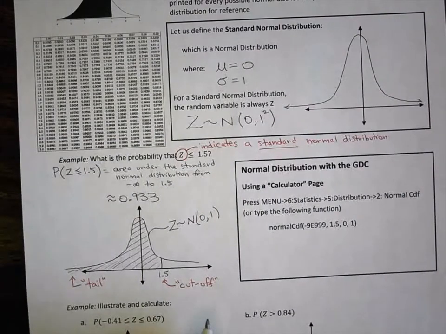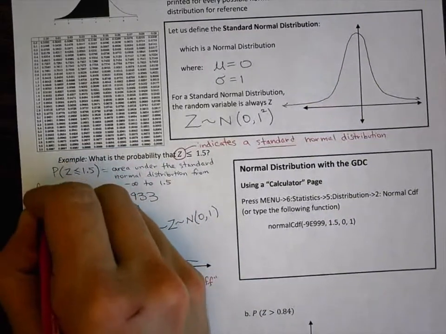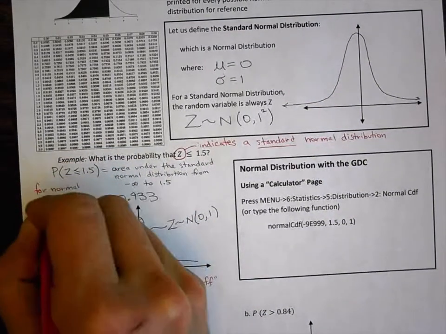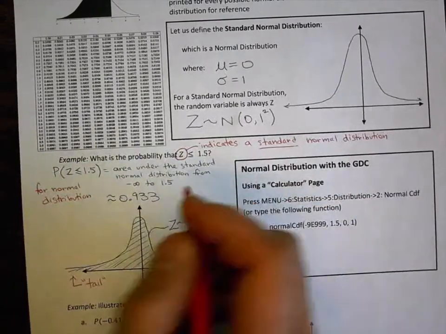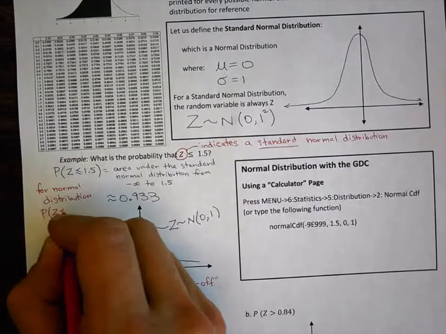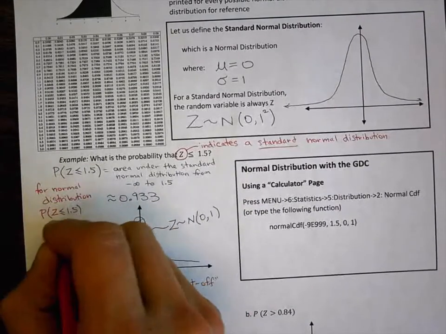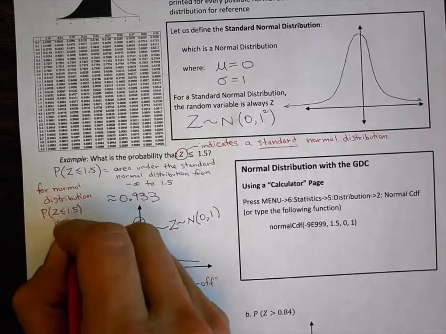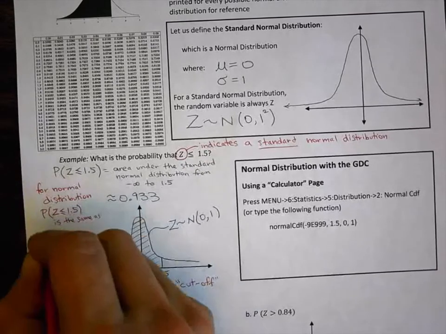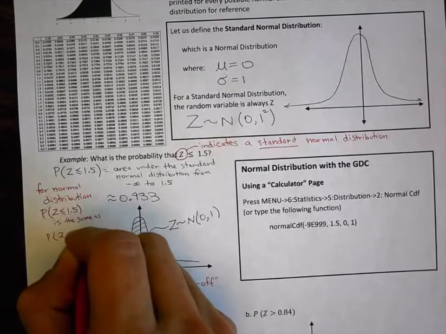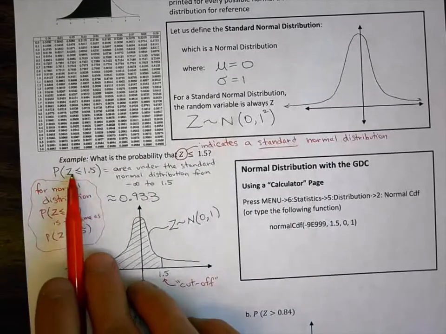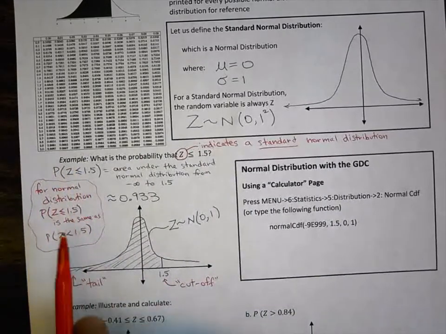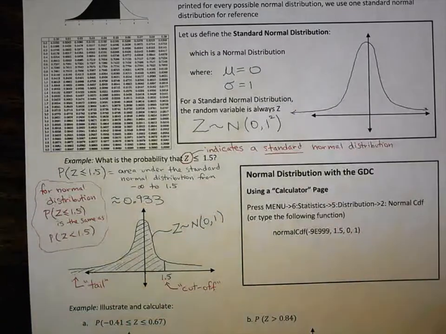Now, one last thing to note is that for a normal distribution, because it's continuous, the probability that z is less than or equal to 1.5 is the same as the probability that z is less than 1.5. So that's an important distinction to note. There's no difference between the less than or equal to or less than sign. Practically, they're the same.